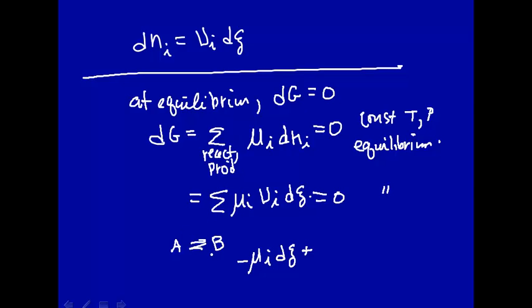Let's do the product B, the coefficient is 1, so that's plus 1 times mu B times d xi, and that's equal to 0. Or in other words, since the extent of reaction doesn't depend on A or B, we can say that minus the chemical potential of A plus the chemical potential of B is equal to 0 at equilibrium. Or in other words, at equilibrium, for this A goes to B reaction, the chemical potential of A is equal to the chemical potential of B. So that's an interesting finding.